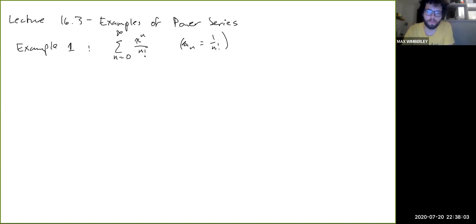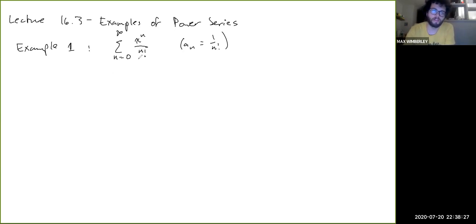So let's calculate the radius of convergence, right? Now, in the theorem we proved about the radius of convergence, we defined the radius of convergence as the reciprocal of the lim sup of the absolute value of a_n to the 1 over n, where we were using the root test, basically, right?